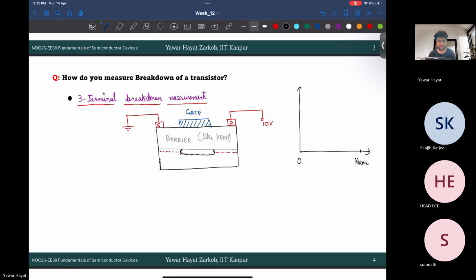Fine. And then what do we record? We record I_D. Suppose we get this I_D, and it's usually in picoamps or nanoamps. Right. And this is your I_D.